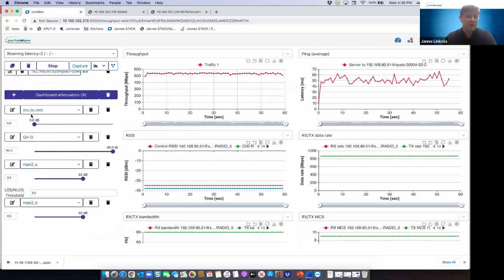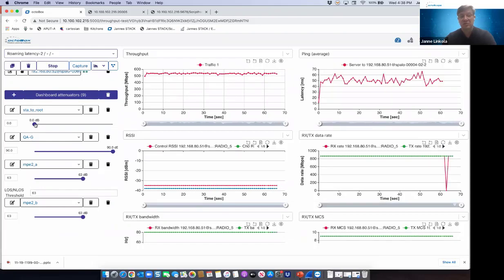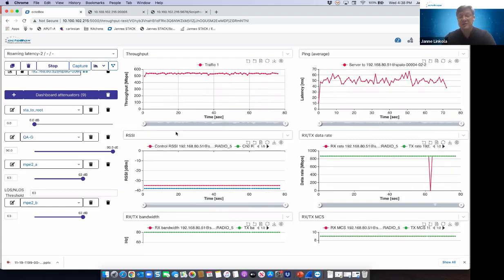The attenuator between the station and the root is minimized here first. So the station is connected to the root node of the system. And here on the right, we see various real-time graphs plotted as the test case is progressing.